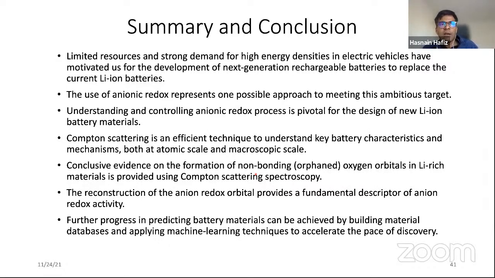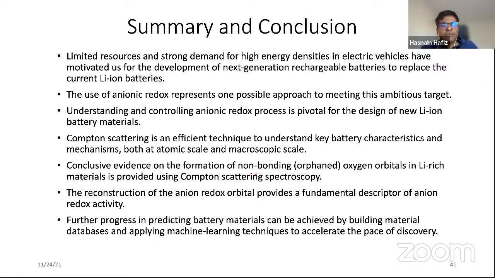You can see that a lot of oxygen is participating in this kind of anionic redox, which means there is a fire issue because of this oxygen participation. So we have to see how we can make this reversible without any issues of oxygen formation or release in this redox process.